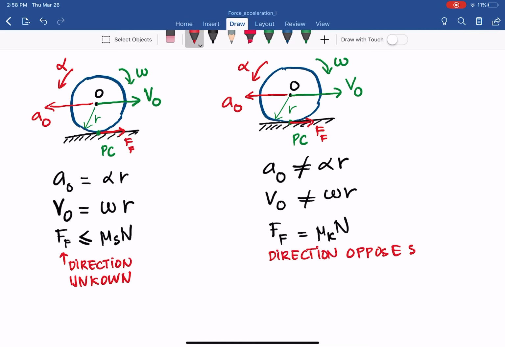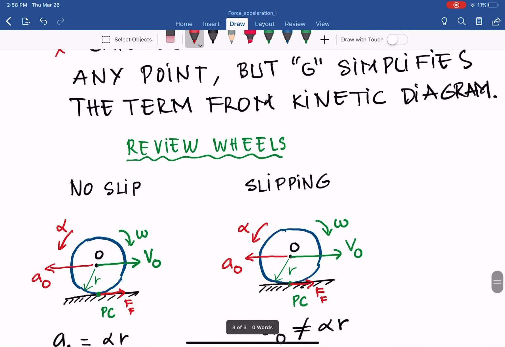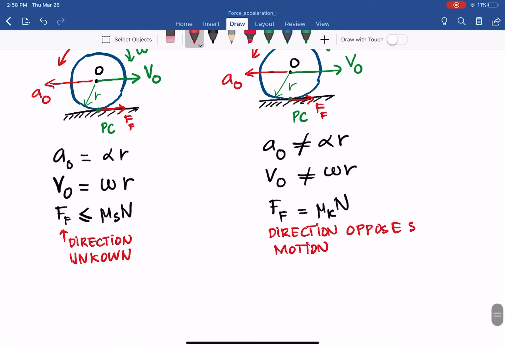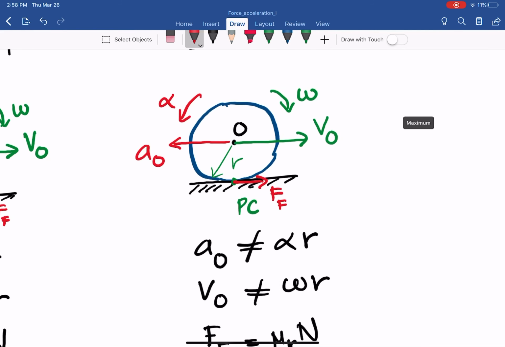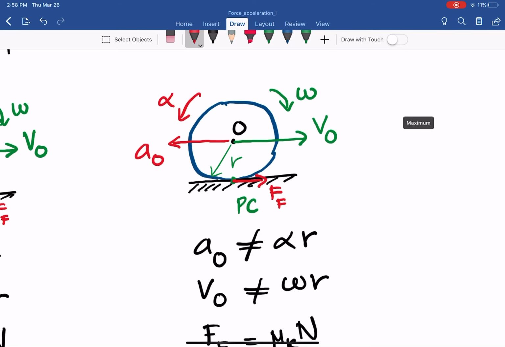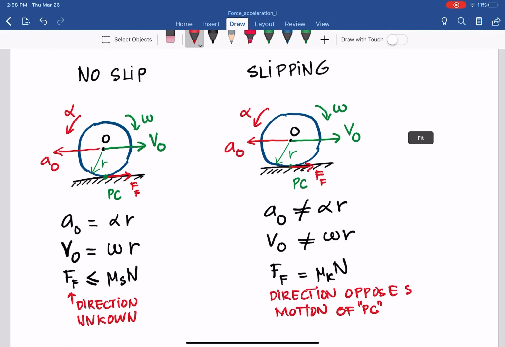Not the overall motion, but the motion of PC, the point of contact. So for example here, the motion at the point of contact is to the left, so the friction moves forward. That's why it makes the body move.